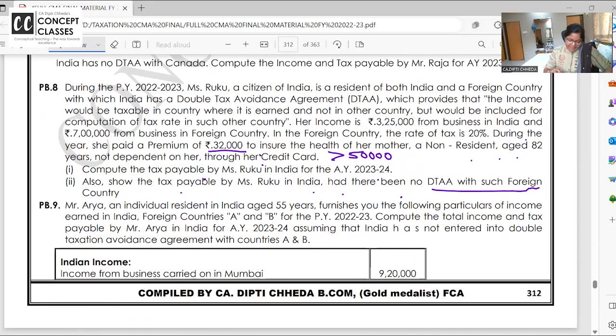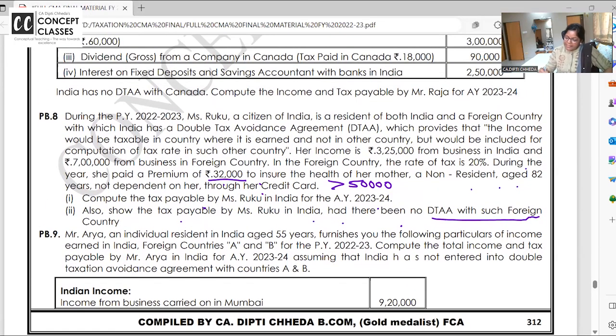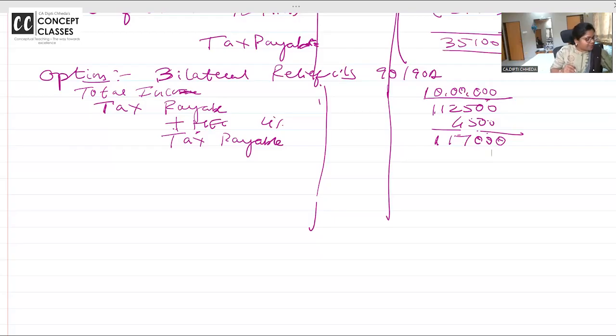Please read it on screen here. He has already paid the tax in the foreign country at the rate of 20%. Now, no lower concept. Whatever tax he has paid in the foreign country, that whole relief will be given to him because there is an agreement. Okay, right?